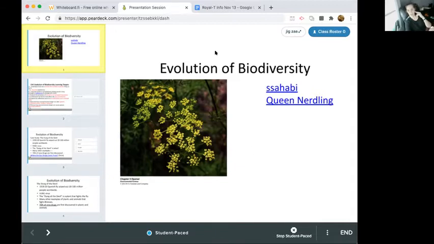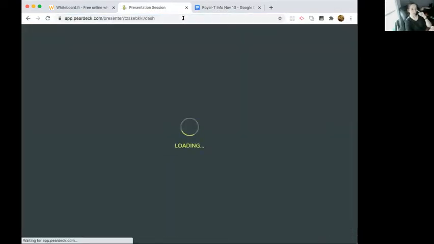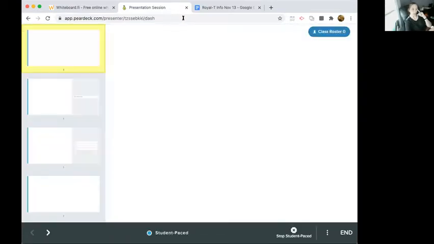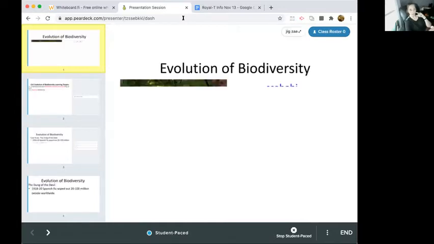Is it turned on? This counts towards today's Pear Deck. So everyone has a different link, but the same topic. Mine's loading. Says it doesn't work. That is not surprising because mine's not working either.